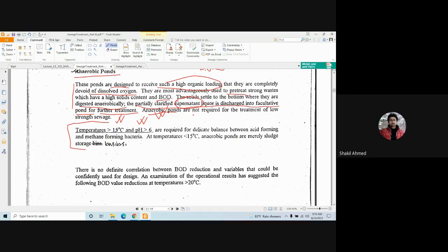Similarly, they also have a suitable temperature and pH range. So temperature greater than 15 degrees Celsius and pH greater than 6 are required for delicate balance between the acid forming and methane forming bacteria. At temperature less than 15 degrees Celsius, anaerobic ponds are merely sludge storage basins. So it will not work. The microorganisms will not work at less than 15 degrees Celsius.